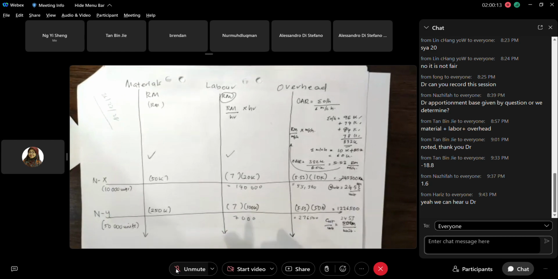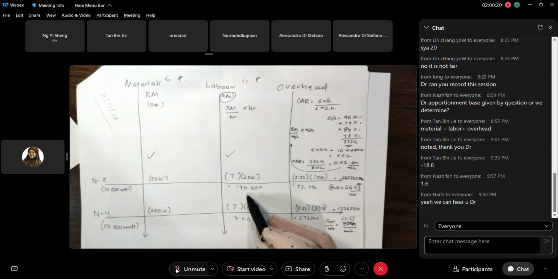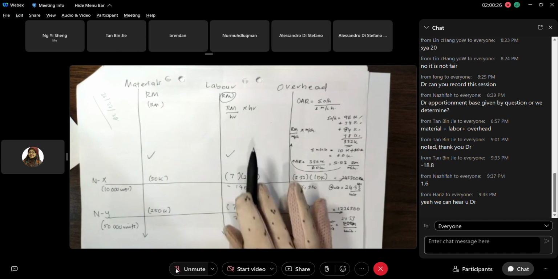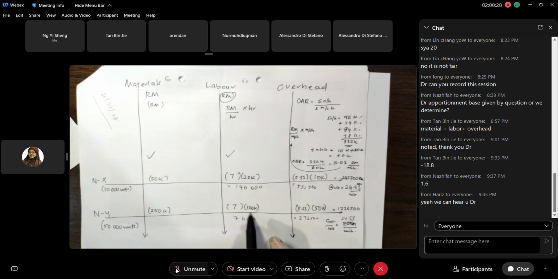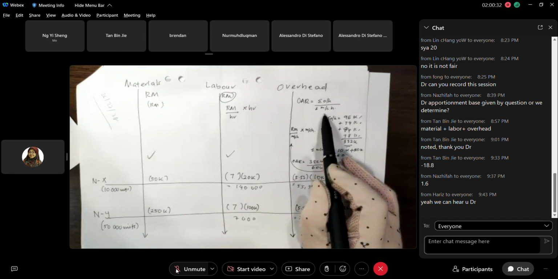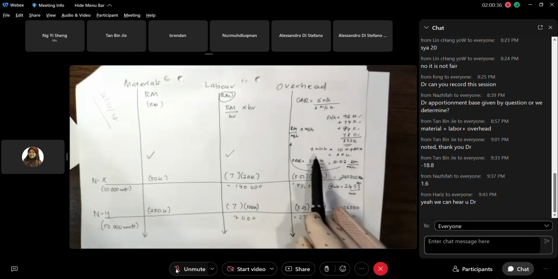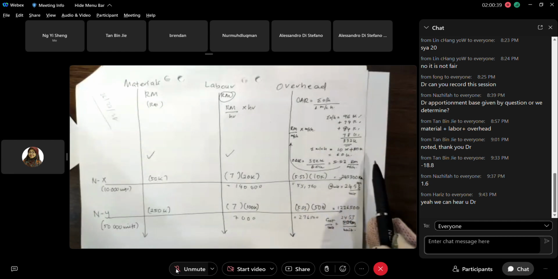Yeah. So you have materials is 50,000 and Y is 250. Labor, okay, ni very simple tadi sebab kita ada 7 ringgit per hour. Hour dia dipakai 20,000 and 100,000. So you get the numbers. Overhead based on machine hours. Machine hour is 60,000.